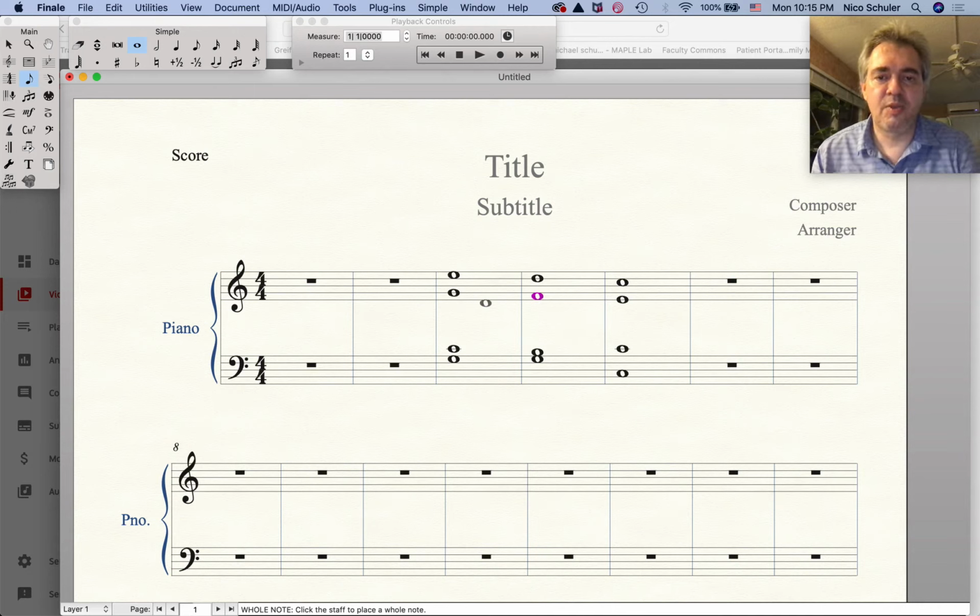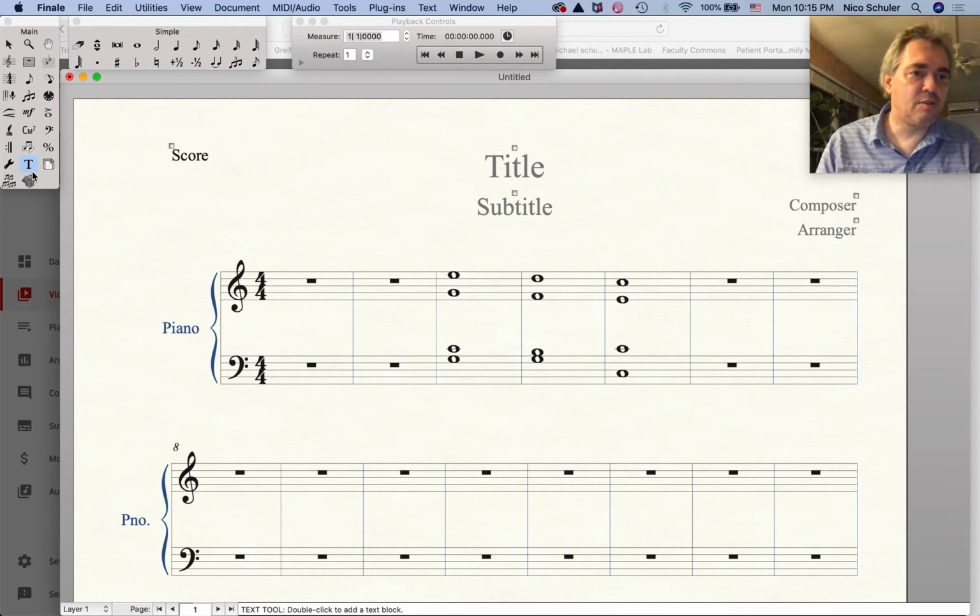But this is the 7th chord, and the 7th resolves down by step. So if we would label this, then we would write, oh, this is not the text tool. It is the text tool. We would write, we are in the key of C major, and this is our 1 6/4 chord.